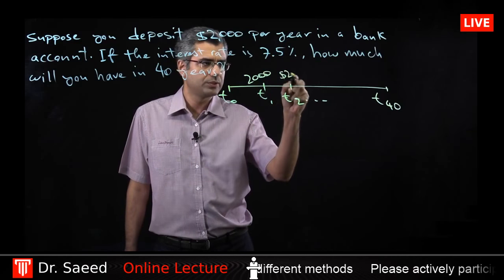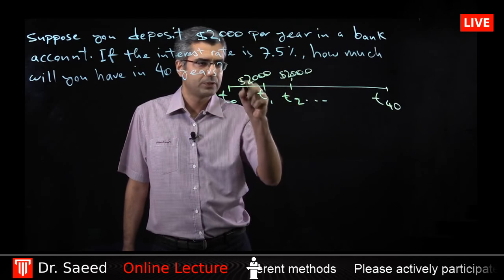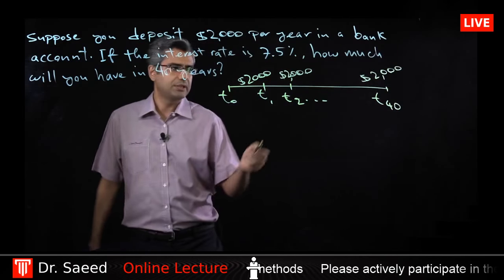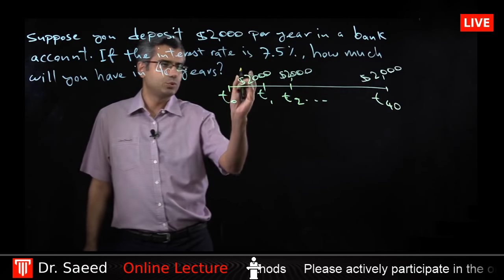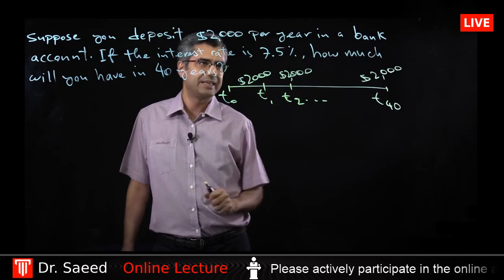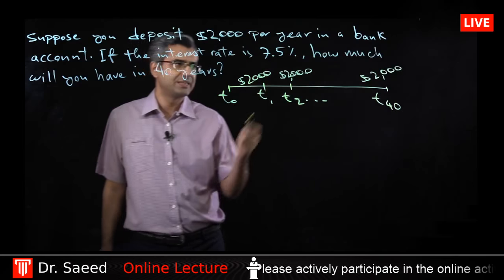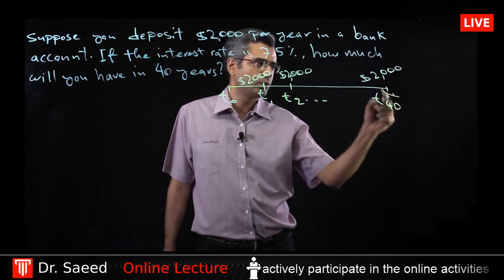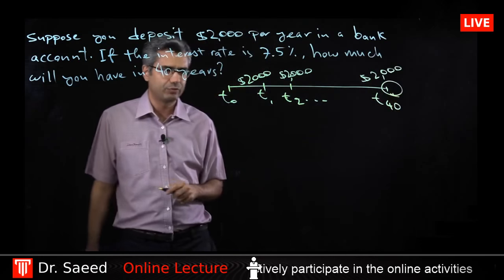So the assumption is you will deposit $2,000 every year in the next 40 years, and the interest rate per year is 7.5%. Now we want to know what will be the total value of your investment in year 40.